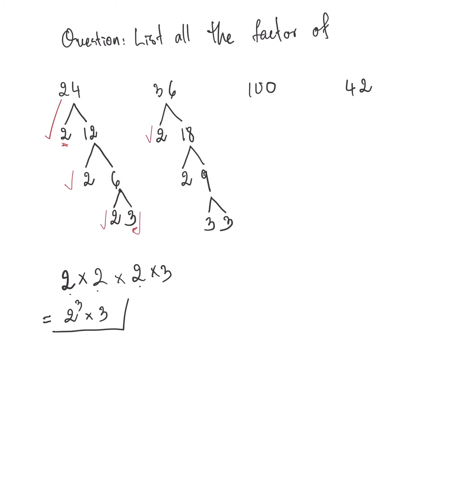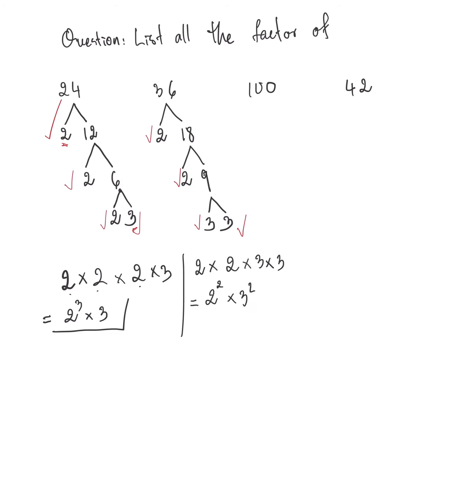All of them are prime numbers already, so we're done with this operation. I'm going to choose all the prime numbers and list them in order: 2 multiplied by 2 multiplied by 3 multiplied by 3. Written in index form, it becomes 2 squared times 3 squared.